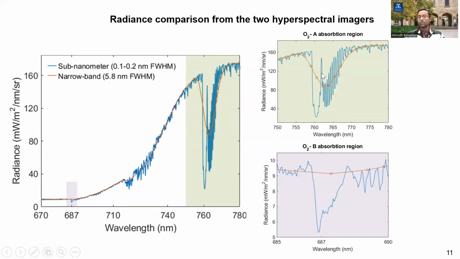Whereas for the O2A absorption region, a decrease in the depth of O2A absorption feature and an increase in the radiance minima can be observed. These results are in agreement with the SCOPE simulations shown earlier, which showed the effect of spectral resolution on the radiance spectra.